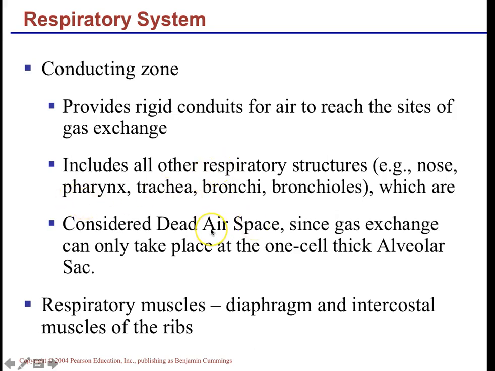And if you've taken patho, there are a lot of respiratory diseases, like your COPDs, chronic obstructive pulmonary disorders, that have a hard time moving the air in and out, so how much reaches the alveolar sac has to take into consideration how much gets trapped in the bronchi and bronchioles. Okay, so enough about dead air space.